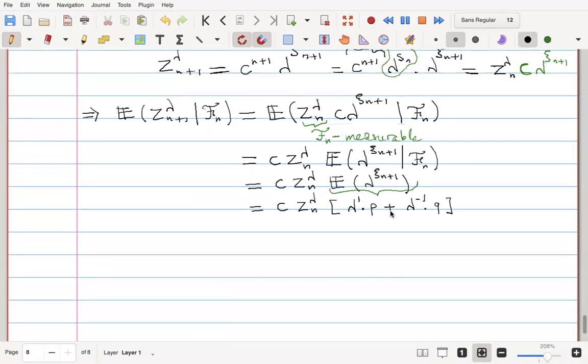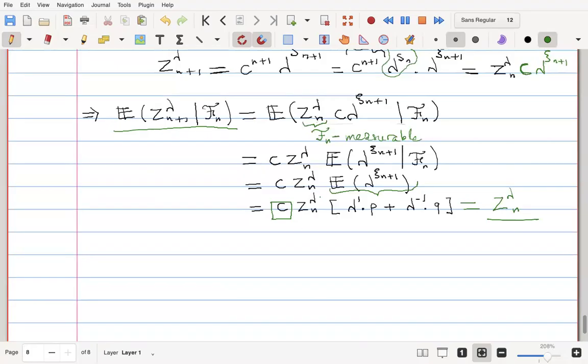Right. So now we know that if we assume that this is a martingale, this is actually equal to Zn lambda, right? This is equal to that. But when we compute this, we get this. So now we want this C such that this equality holds, right? Good.